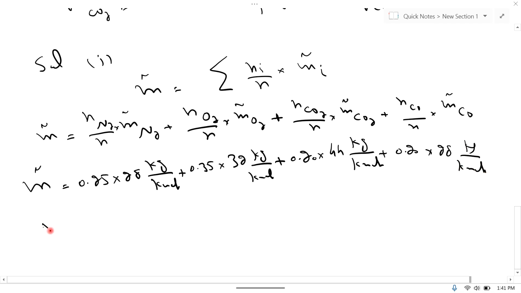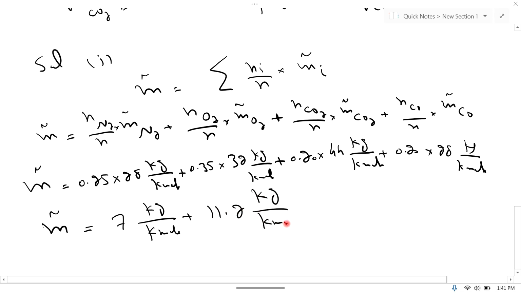So for molar mass, 0.25 multiplied by 28 is equal to 7 kilogram per kilomole. 0.35 multiplied by 32 is 11.2 kilogram per kilomole. 0.20 multiplied by 44 is 8.8 kilogram per kilomole. 0.20 multiplied by 28 is 5.6 kilogram per kilomole.